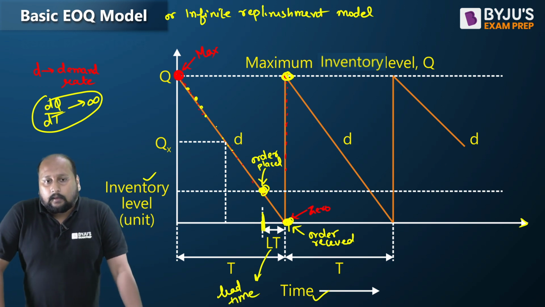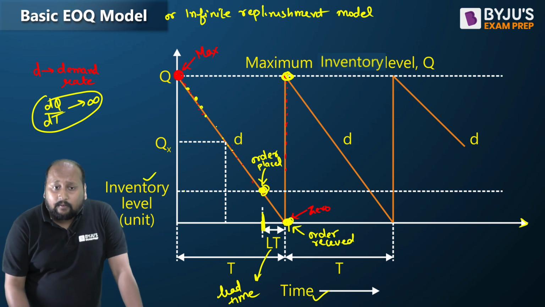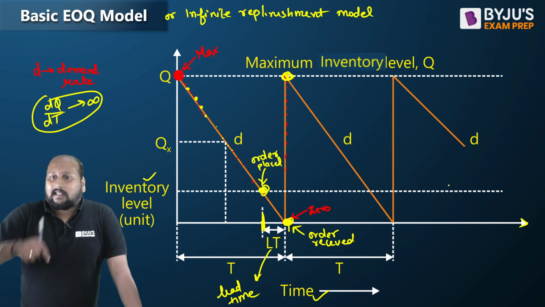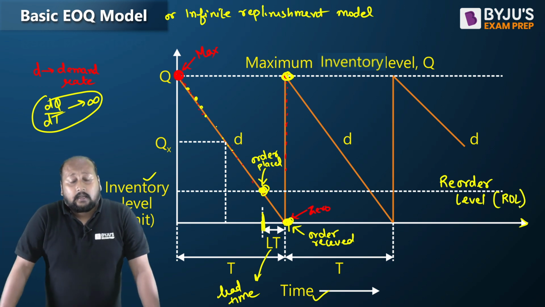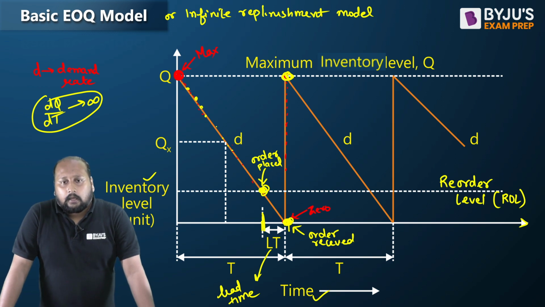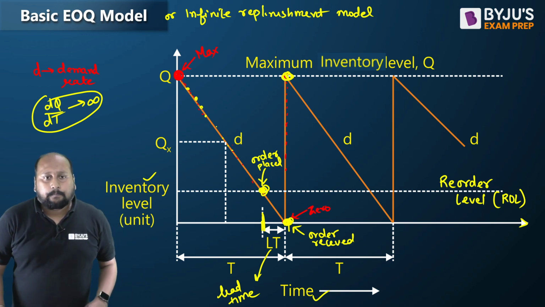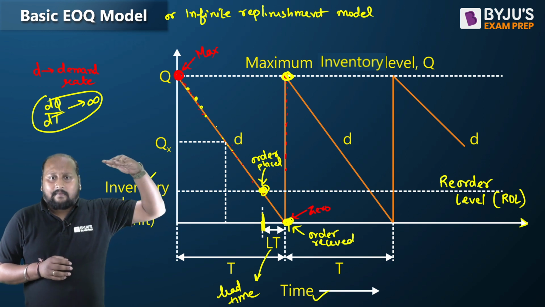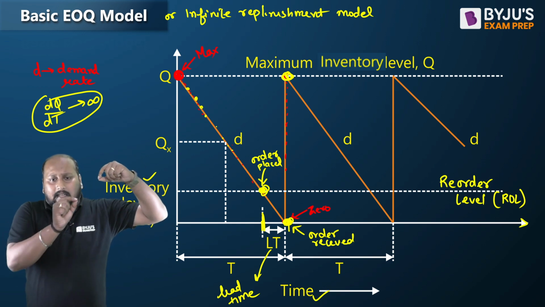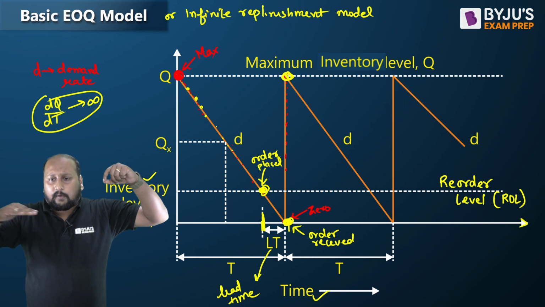And that inventory level at which I'm placing the order, we call it the reorder level, which we can simply write as ROL. By looking at the graph, the inventory at max is capital Q, slowly it is decreasing and reaching a point which we call the reorder level.